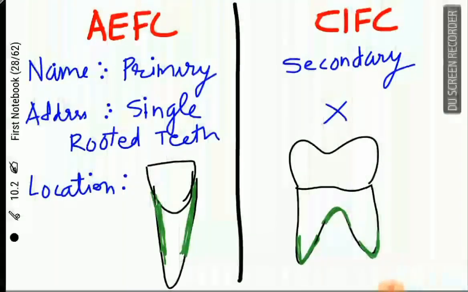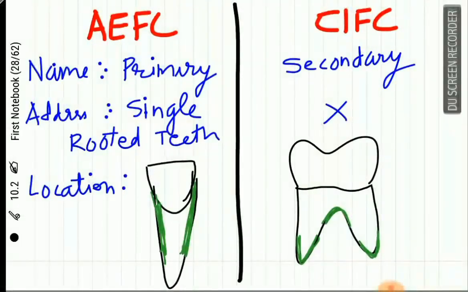Now, let us compare the acellular extrinsic fiber cementum and the cellular intrinsic fiber cementum. This question is frequently asked in exams as a long answer question. Let me tell you easy ways to remember all the points. The alternate name of AEFC is primary cementum. The alternate name of CIFC is secondary cementum.